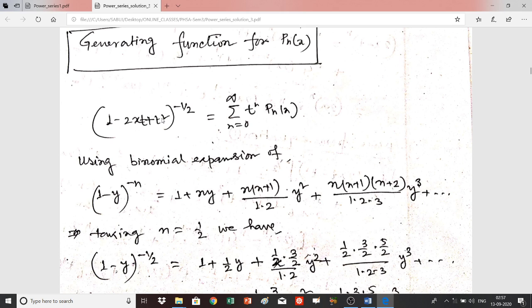This function is chosen in such a way that the solution of first kind of Legendre differential equation can be derived from this function.